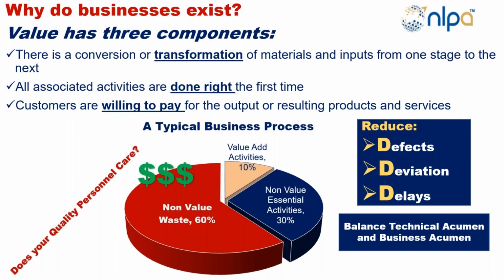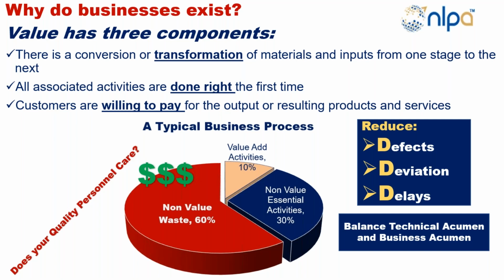And if you break down the supply chains into the several components, meaning the actual supply chain components, the enabling processes, the marketing functions, the finance functions, the average cumulative sum of activities does not exceed more than 10% value that meets those three criteria. Done right the first time, physical transformation from one stage to the next, and the customers are willing to pay for the resulting output.